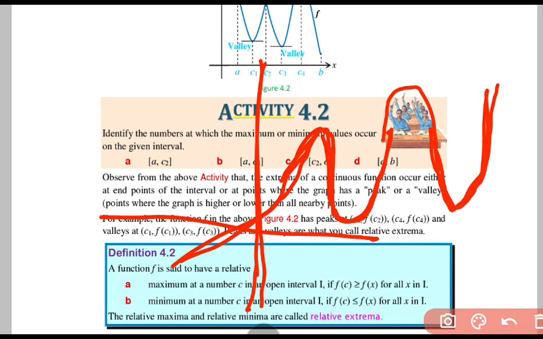In the extrema are included the minimum and the maximum value. Don't forget.